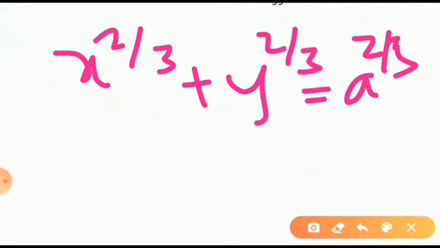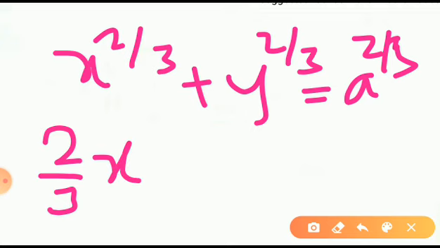That means what to do? Just differentiate it with respect to x. So what will it be here? Derivative of x raised to 2 by 3, it is x raised to n form. So 2 by 3, x raised to 2 by 3 minus 1. So is it minus 1 by 3?